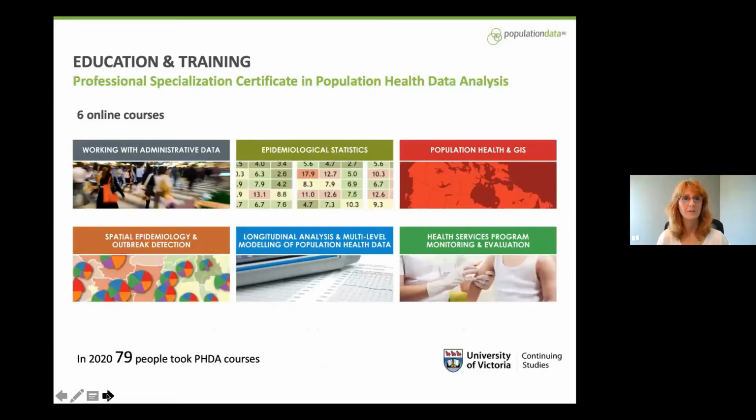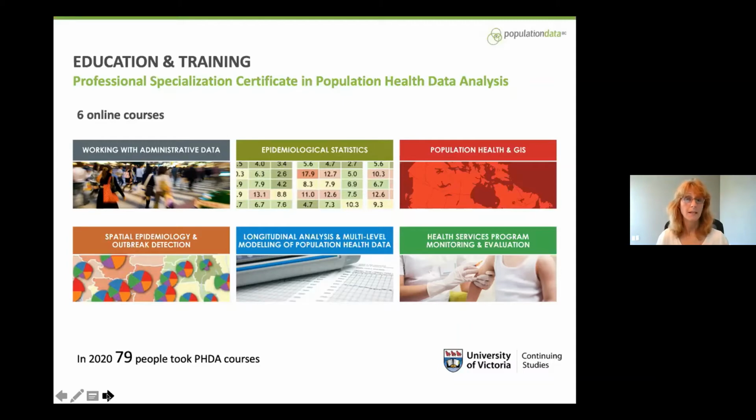One of the mainstays of the services that the Education and Training Unit offers is the Professional Specialization Certificate in Population Health Data Analysis. It has 6 courses, but 4 courses are required for a certificate. This is a non-credit certificate offered through the University of Victoria Continuing Studies, but it's very much a hands-on training and very much for professional development of researchers, population health professionals, and graduate students looking for applied hands-on training.